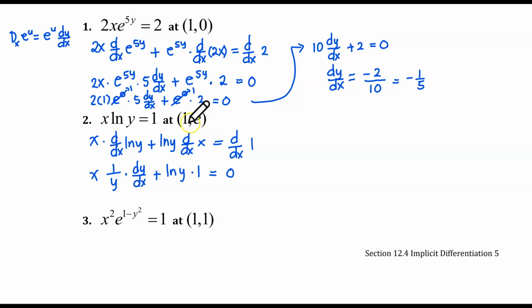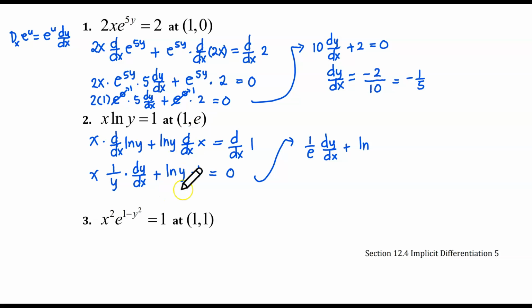Then next, you plug in the point (1, e). So x is 1 and y is e. You replace x here by 1 and y by e. So 1 over e dy/dx plus ln of e.